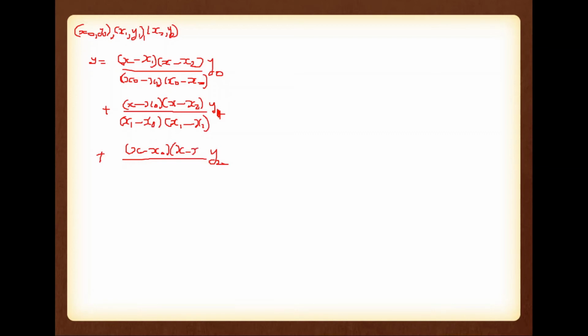So this is the numerator. Now what about the denominator? x2 minus x0 into x2 minus x1. So x minus x0 into x minus x1, divided by x2 minus x0 into x2 minus x1.